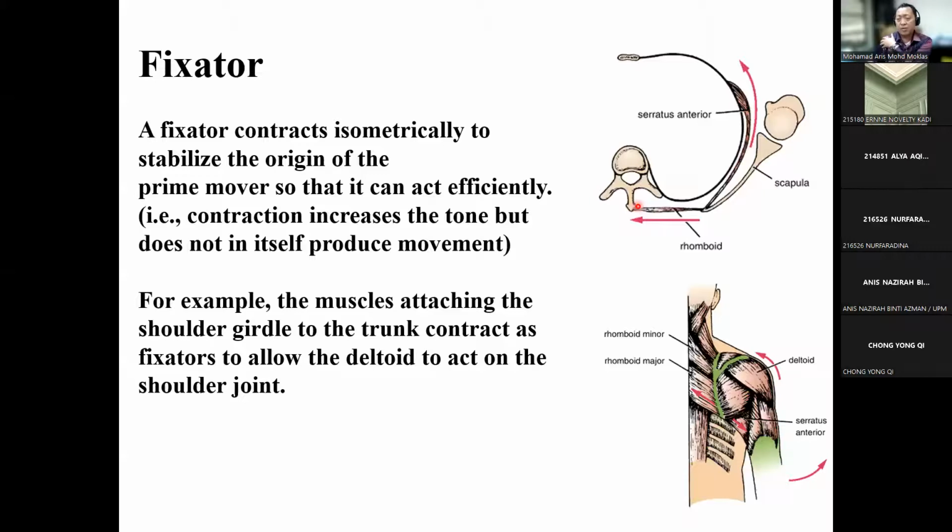The deltoid will contract, but who stabilizes the joint? That muscle is a fixator muscle. It stabilizes the joint so that the deltoid can function optimally.